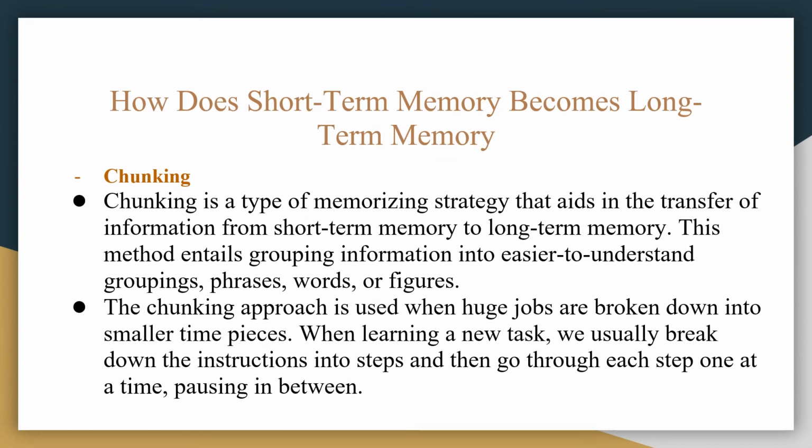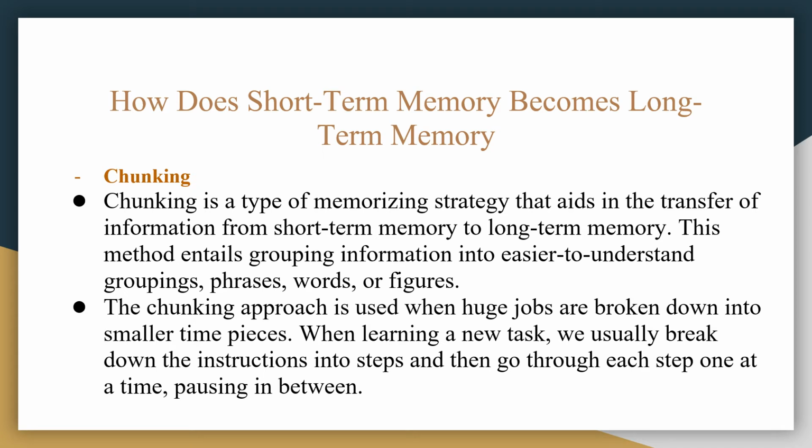Another way in which we can convert short-term memory into long-term memory is through the use of chunking. This is a type of memorizing strategy that helps in the transfer of information from short-term to long-term memory. This method entails grouping information into easier to understand groupings, words, phrases, or figures.